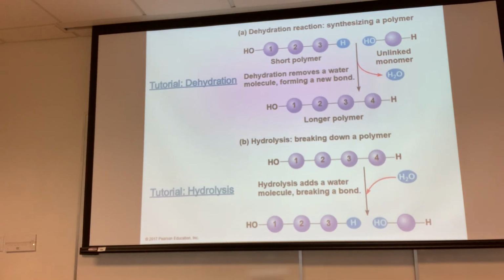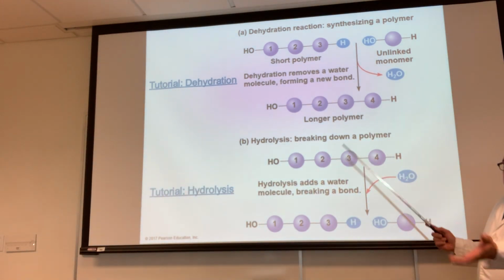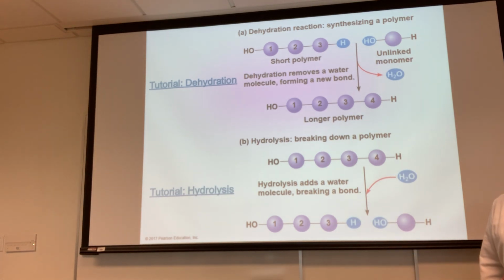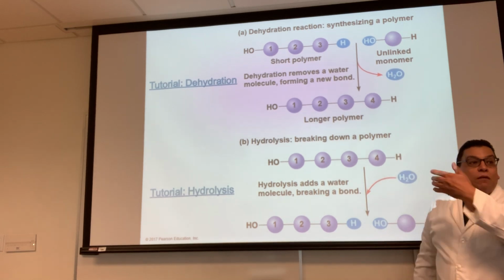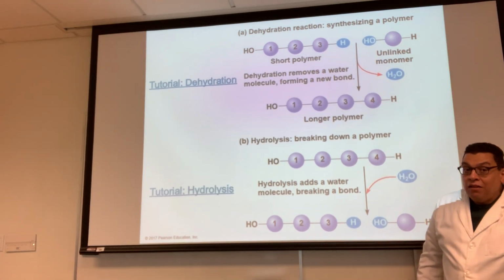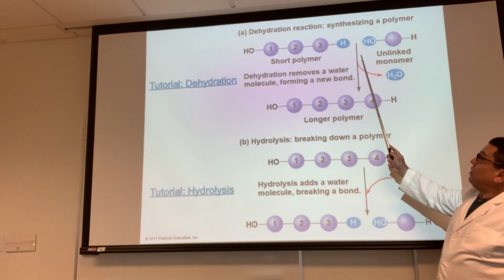So this is the overview. And here's a picture. Here are tutorials on it, please, if you want to see that. So this is similar to what I was doing with my markers up here. Here are 3 markers, and here's the 4th one coming in. Look at the picture, please, so you can have a mental image of it. The hydrogen and the OH, that's what the enzyme is doing.